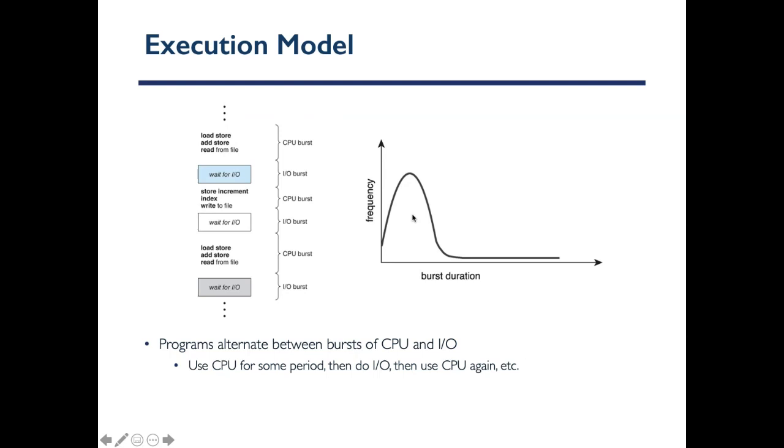As you can see, short bursts are very frequent, and really, really long bursts are not that frequent. So this should give us some idea that for most of the scheduling decisions that we're going to make, we're going to be concerned with CPU bursts that are short.